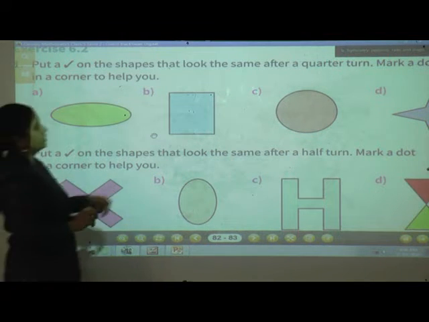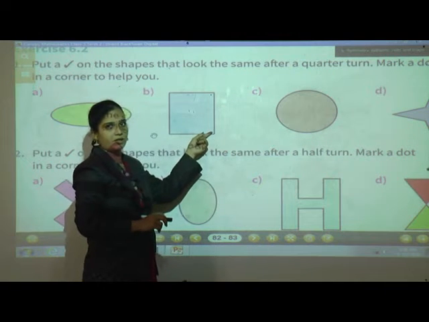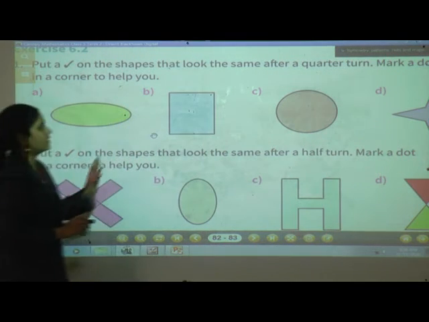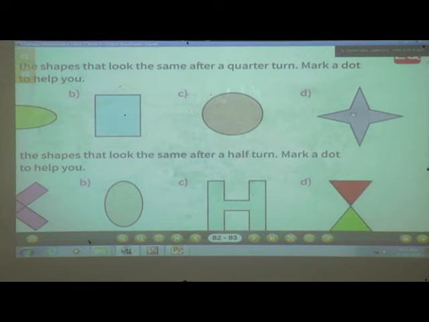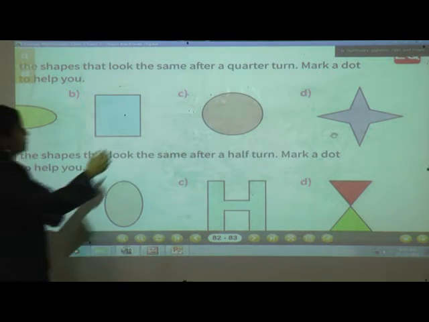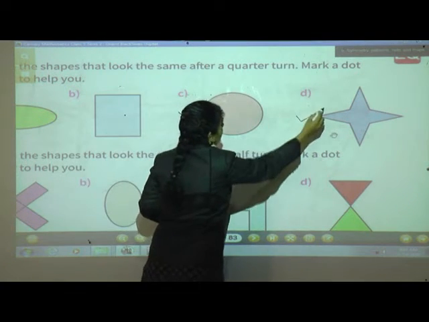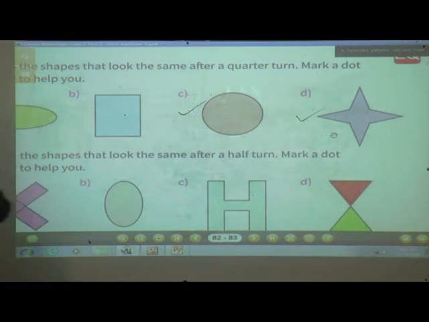No, the dot will come here. So that's why this shape does not look the same after a quarter turn. Now for a circle, yes students, it will look the same. And for the star also, D1, it will look the same after a quarter turn. So just put a tick here, C1 and D1.